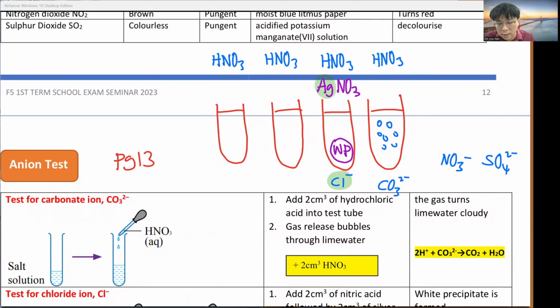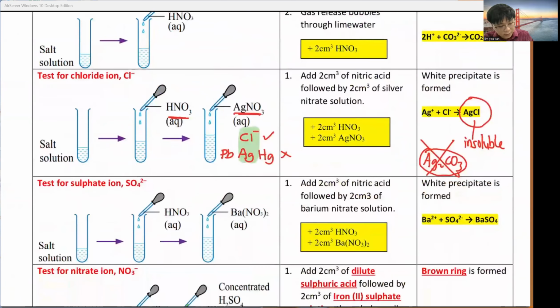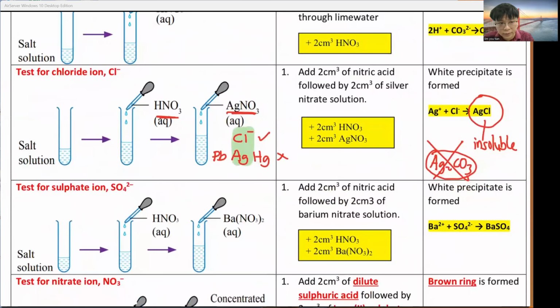This white precipitate is what we call AgCl. So this is why the solubility is important. You need to know the solubility first, only then can we proceed to all the different tests.